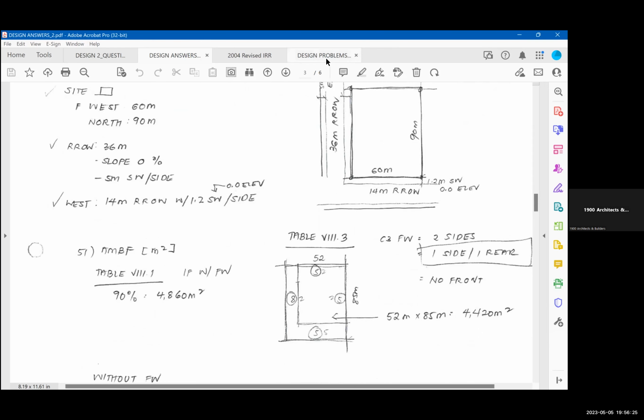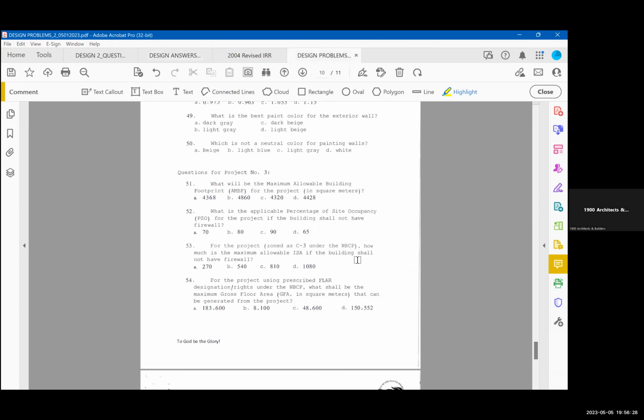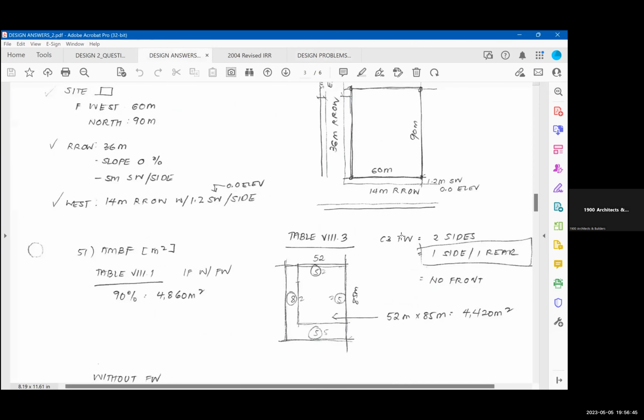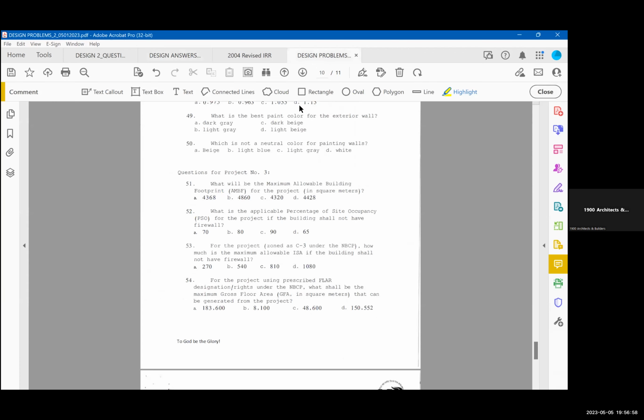If you refer back to the question, ang pagpipilian lang dito ay letter A, 4,360, B, 4,860, C, 4,320, and D, 4,420. Okay, so ang lumabas doon is yung computation with 90%, which is 4,860. So the answer is letter B.